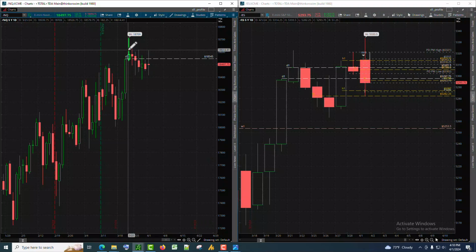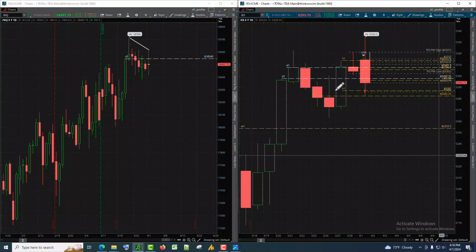When the NQ makes a lower high, but the ES makes a high, so we know that it's gonna come down. But it comes down very hard from the ES because it takes liquidity.